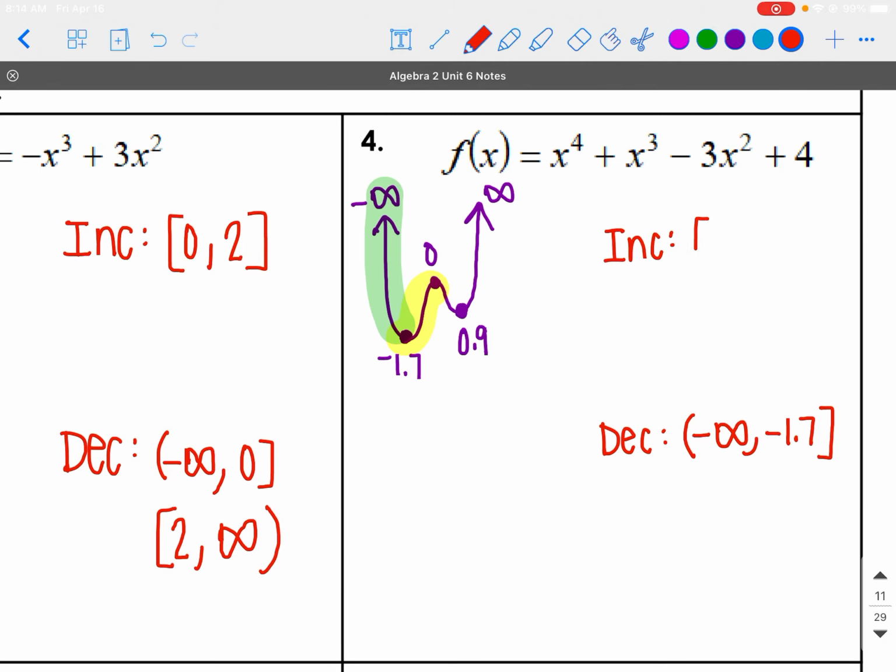We go uphill from negative 1.7 to 0. And then I decrease again from 0 to 0.9. And lastly, we go uphill forever from 0.9 to infinity.